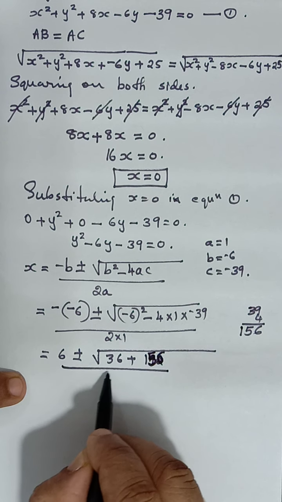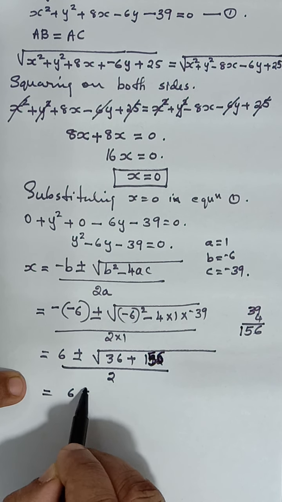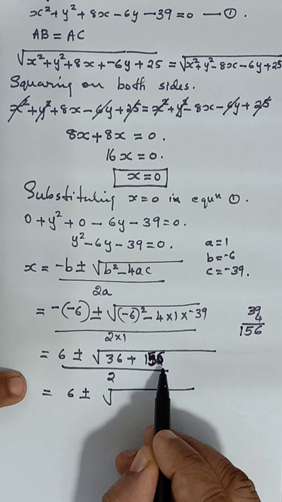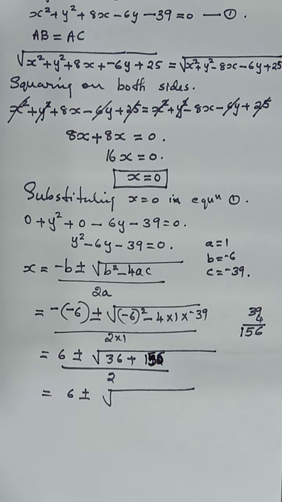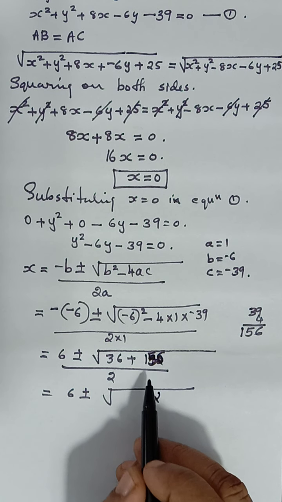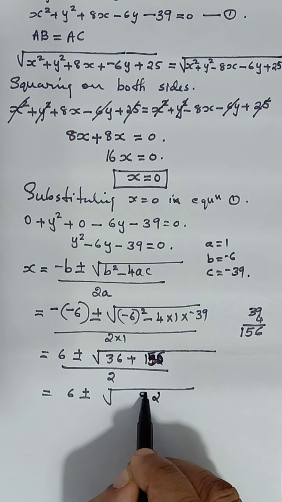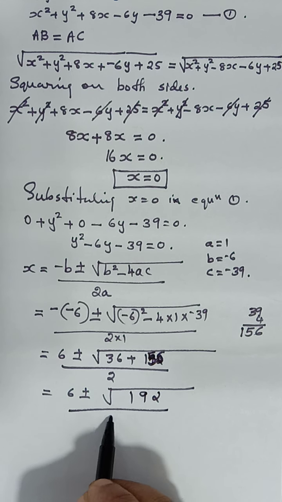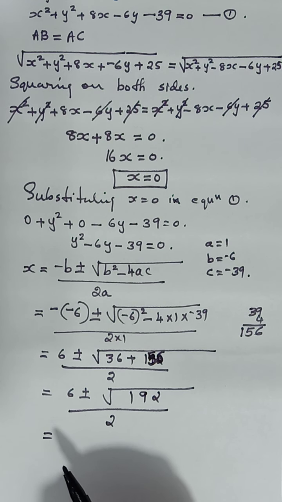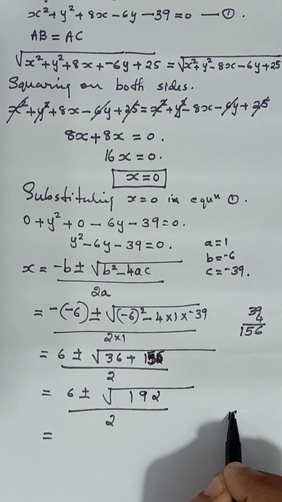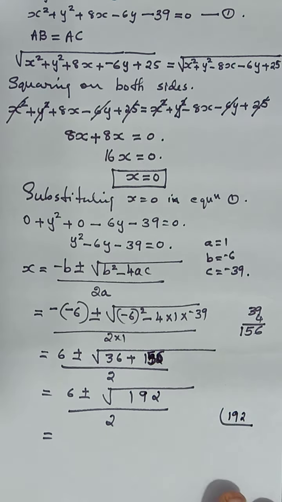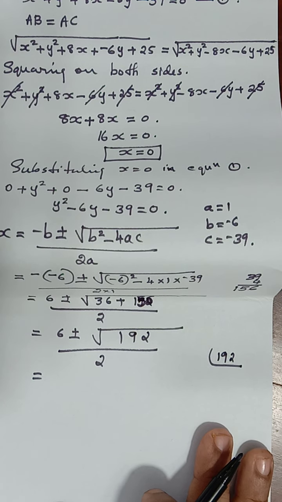Okay, divided by 2. Here we have 6 plus or minus square root of, add both, 36 plus 156, that is 192, divided by 2. Let us find out the root of it. If we do the prime factorization of 192, what do we get? Let us do the prime factorization now.